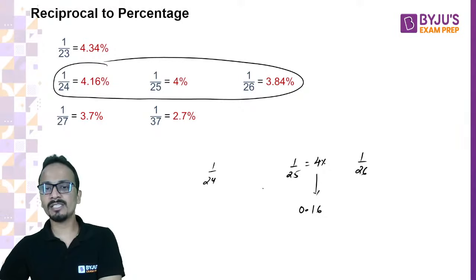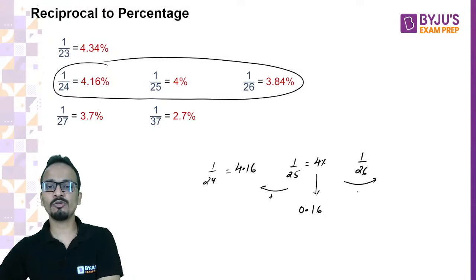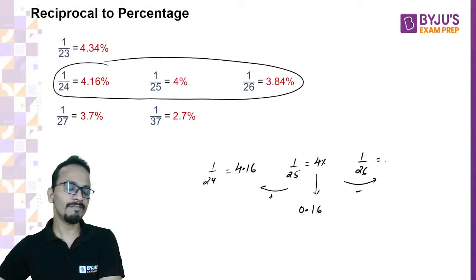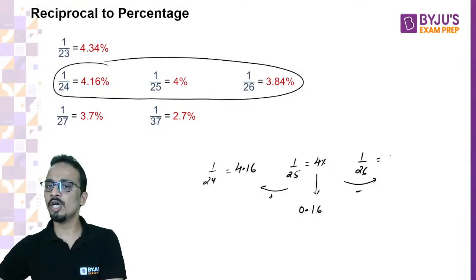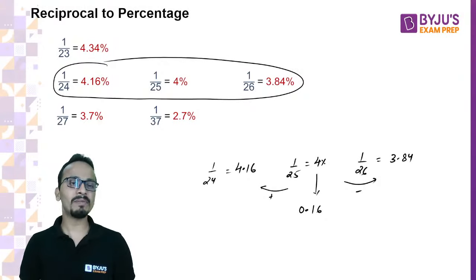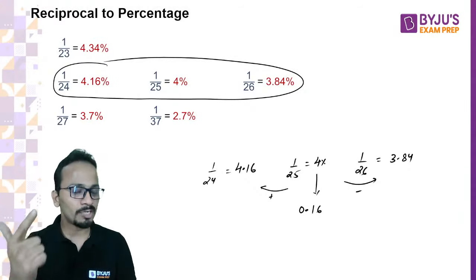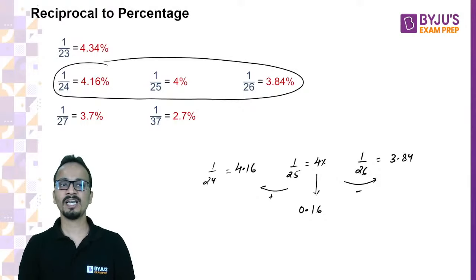So add 0.16 and get the value of 1 by 24, which will be 4.16, and subtract 0.16 and you will get the value of 1 by 26, which is 3.84. So a similar thing can be applied to 1 by 19, 1 by 20, 1 by 21 and 1 by 24, 1 by 25, 1 by 26. A wonderful way of remembering these values.